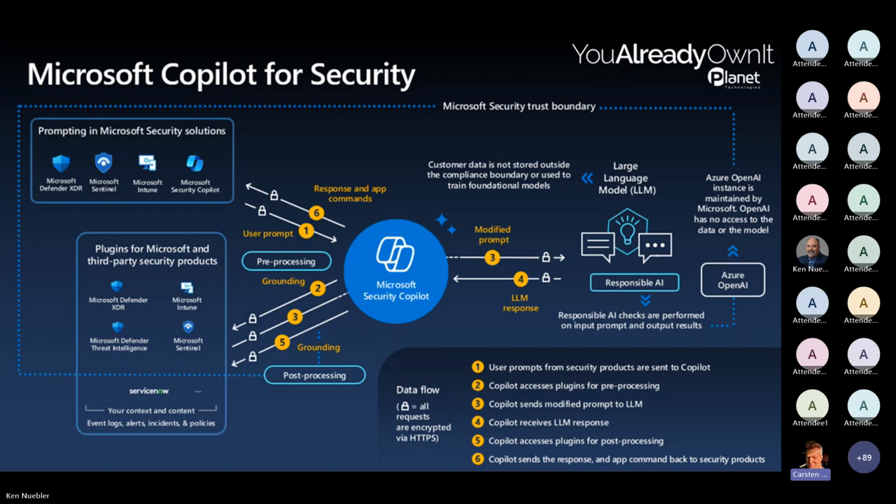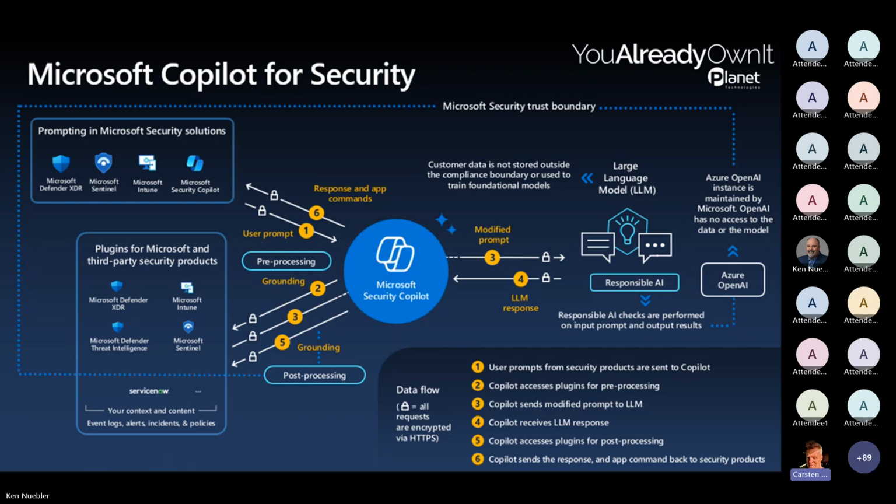A user prompt comes in there at number 1, and you see the second step here is grounding. Grounding is the process in AI where we are focusing in on what it is that we are actually having a conversation with the AI about. So if I'm asking something in a prompt that should be a Sentinel topic, Security Copilot is going to ground that and make sure that we are using the connected capability with Microsoft Sentinel.